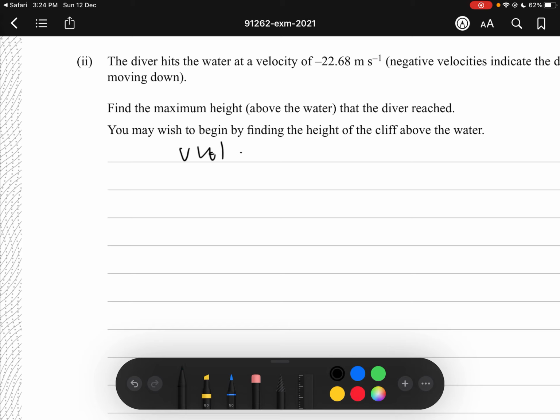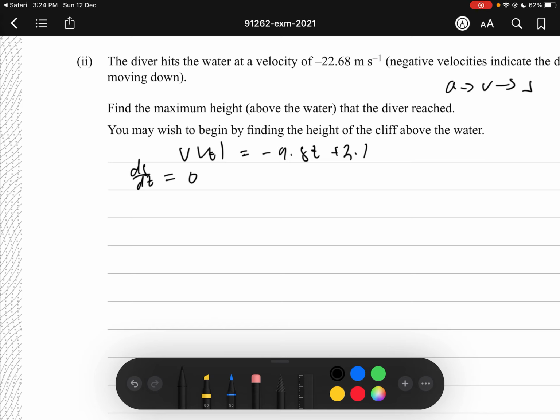v of t is equal to negative 9.8t plus 2.8. We know that the maximum height is when ds over dt equals 0. But due to our knowledge of kinematics, we also know that ds over dt is equal to the velocity function. So the maximum height occurs when the velocity is equal to 0.